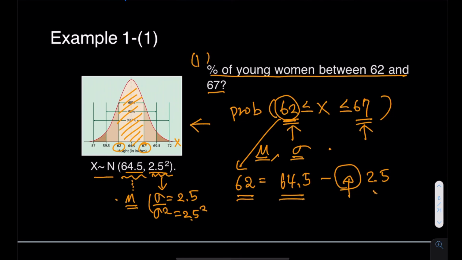The difference you will easily find is just 1 sigma, right? So you can find that this 62 is mu minus 1 sigma. So mu minus 1 sigma matches this 62.